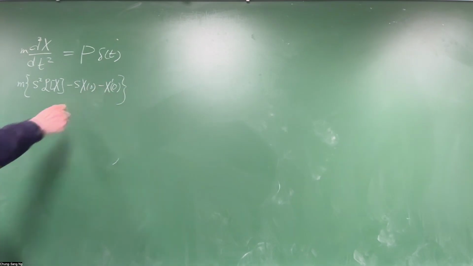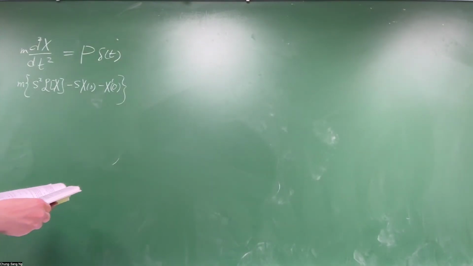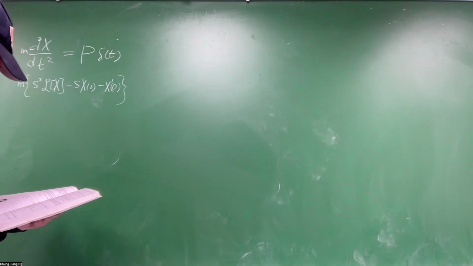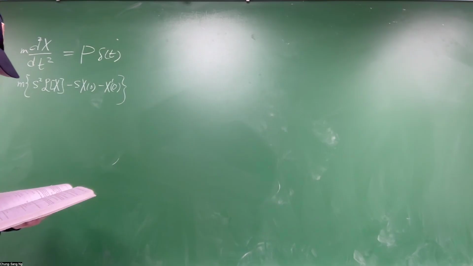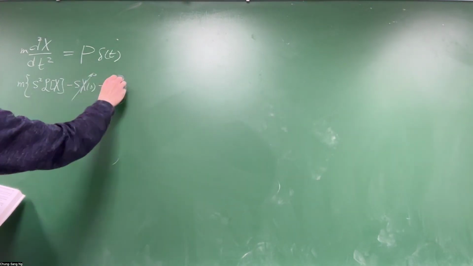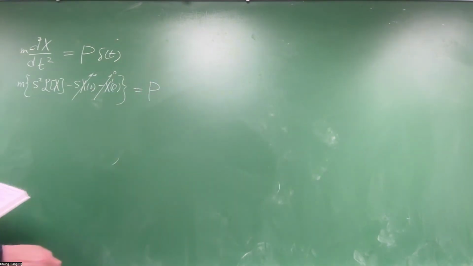You need the initial conditions x0 and x prime 0, so where are they given? Both are zero. I think your textbook sets both to zero. And the right-hand side is the Laplace transform of the delta function, which we did before.